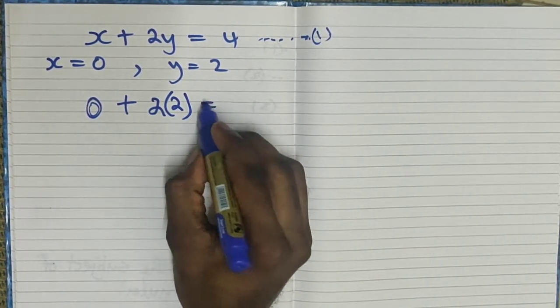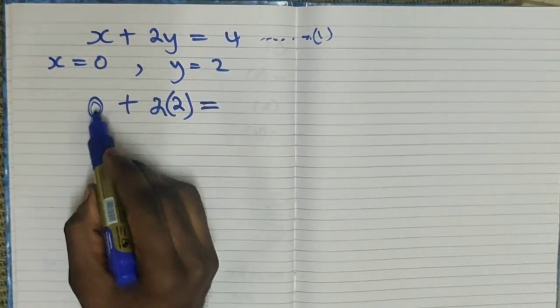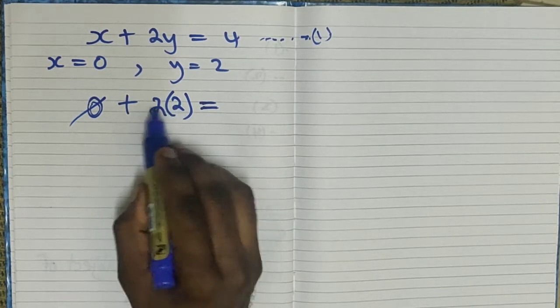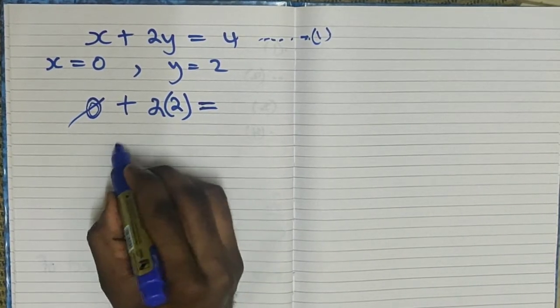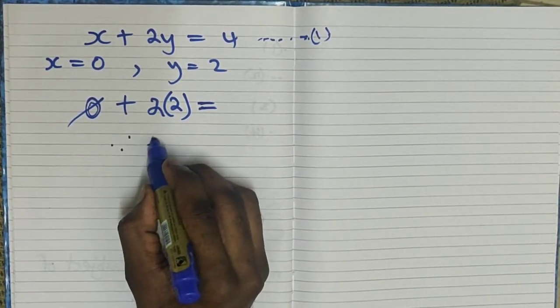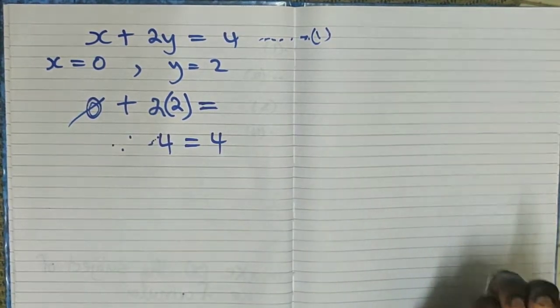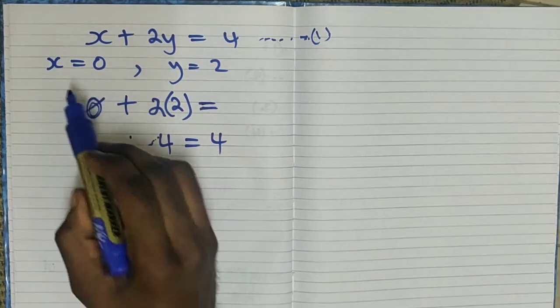This is equal to, now 0, this one is out. 2 times 2 is what? 4, which means, therefore, 4 equals 4, as you can see, which means our answers are correct.